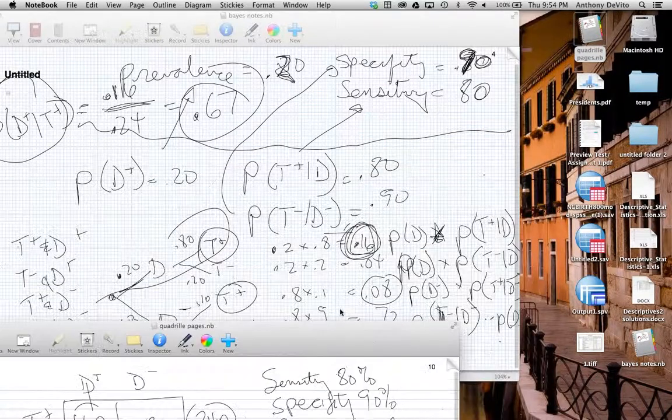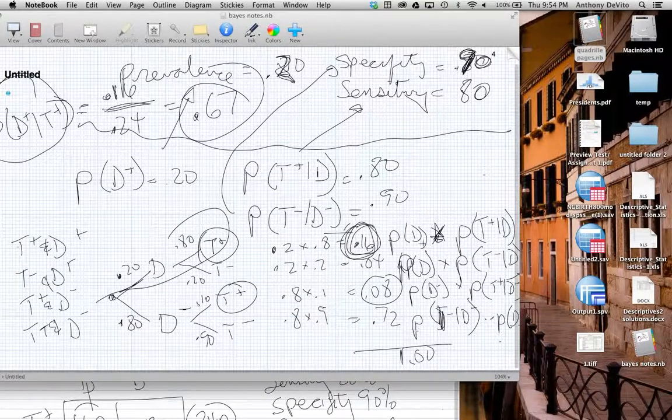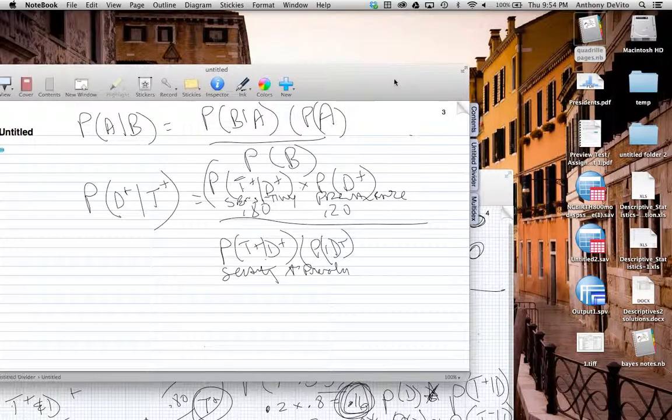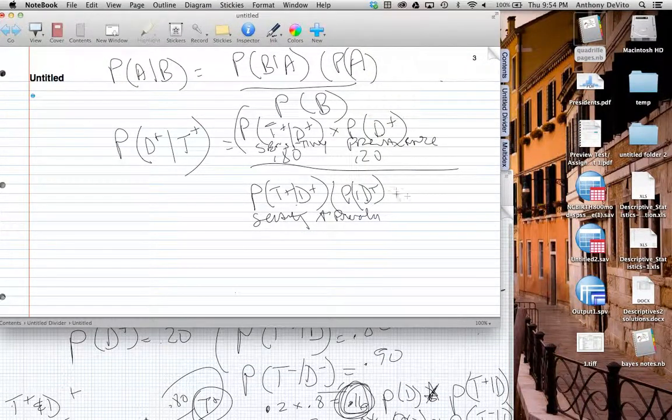So this part of the equation is going to be, we're going to add to these probabilities the 1 minus the prevalence times 1 minus the specificity, which is going to be, let's see if I actually work that out.